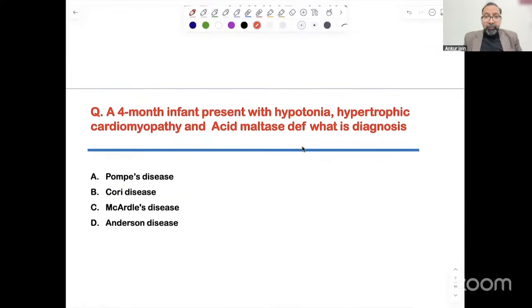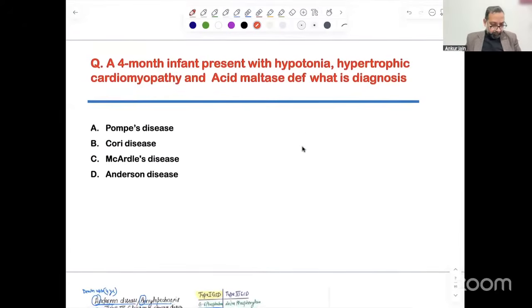So first question. A 4-month-old infant presented with hypotonia, hypertrophic cardiomyopathy, acid maltase deficiency.